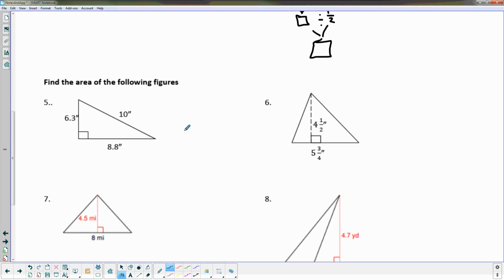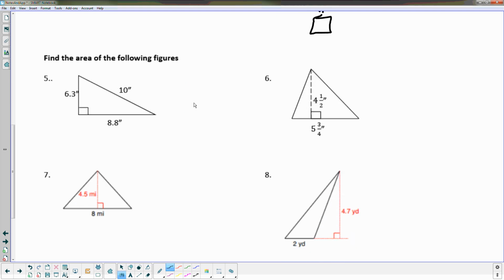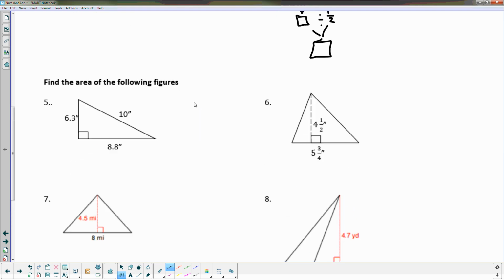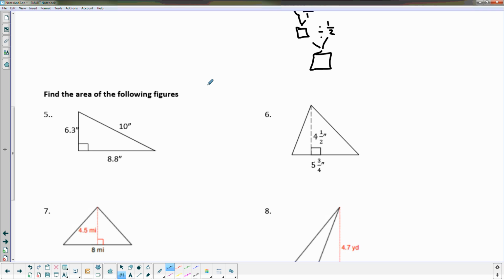For the next ones, we're finding area, and these are all triangles, so it may be helpful to know the area formula for a triangle. It's going to be 1/2 base times height. And again, the base and height that we talked about last time, you want your base and your height to be perpendicular to each other.